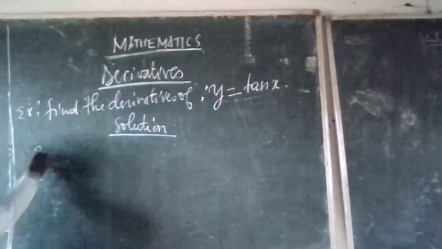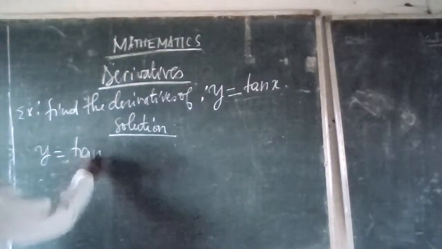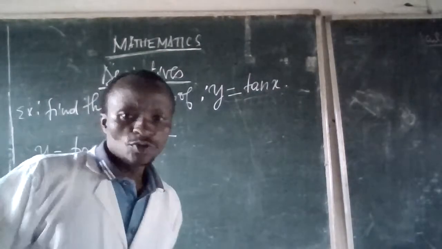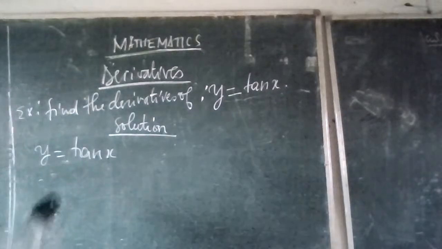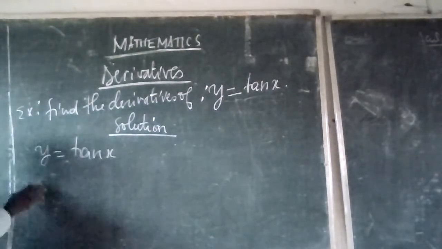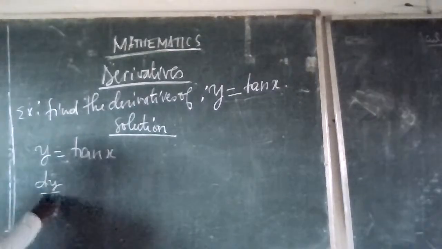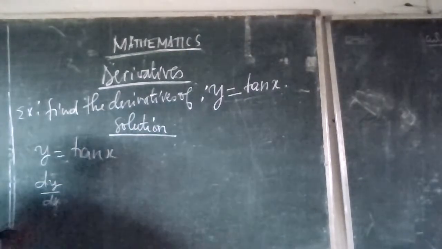We have y equal to tan x. How should we find the derivative of this tan x? It will be dy over dx. We are going to take the derivative with respect to x.